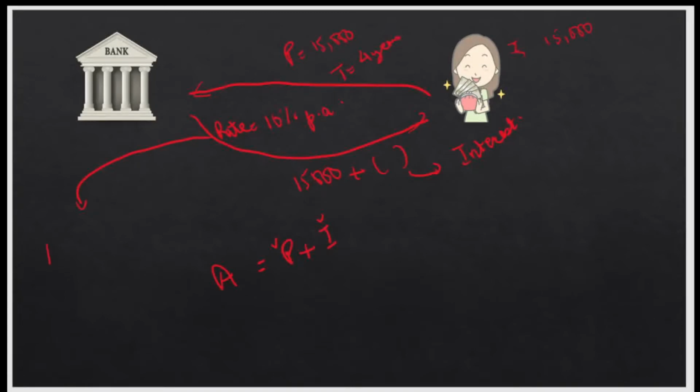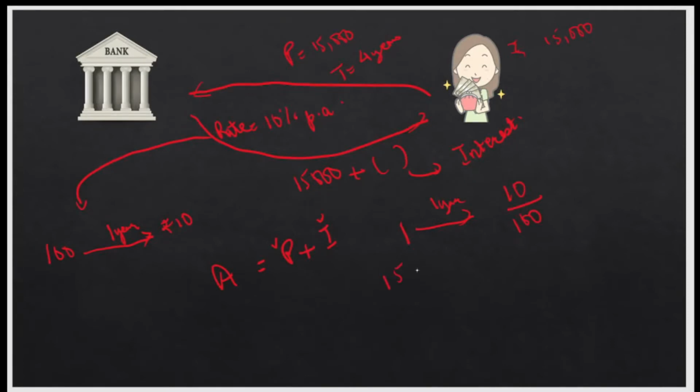It means for every 100 rupees that is deposited, at the end of 1 year the interest that we get is rupees 10 when the rate of interest is 10%. So we can say that for 1 rupee, for 1 year, the interest we get is 10 over 100.